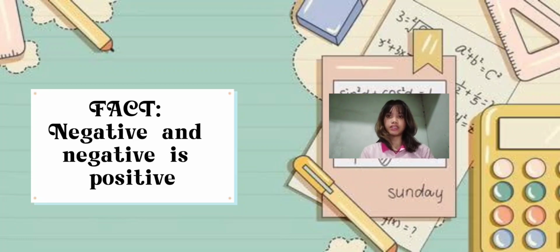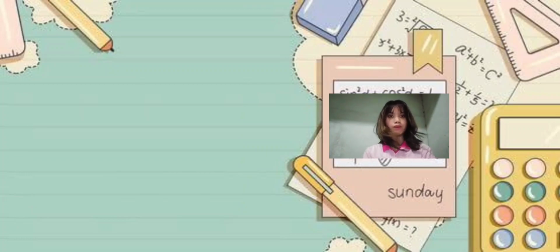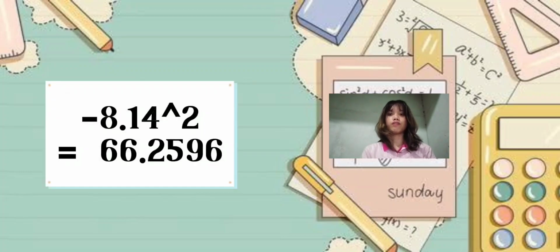This is the rule of signs. So back to getting the squares, negative 8.14 squared is 66.2596.